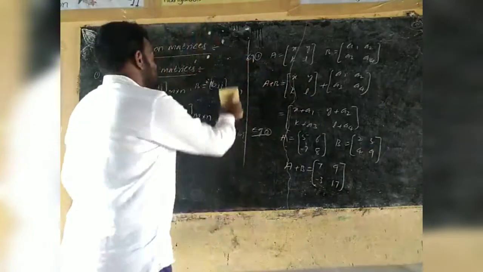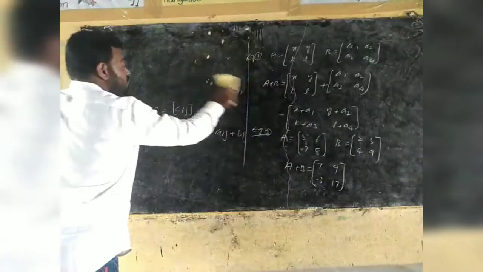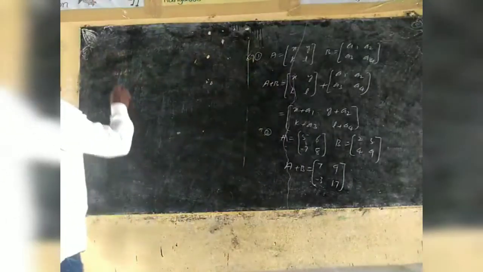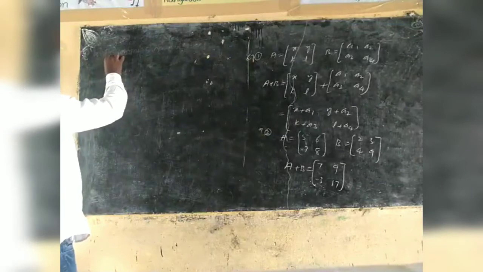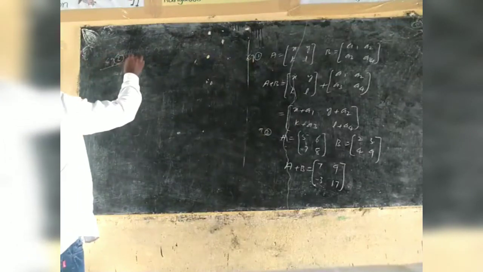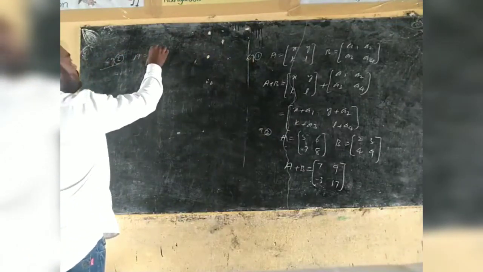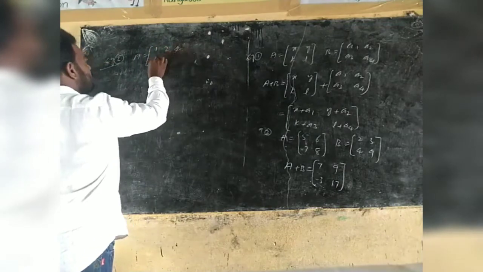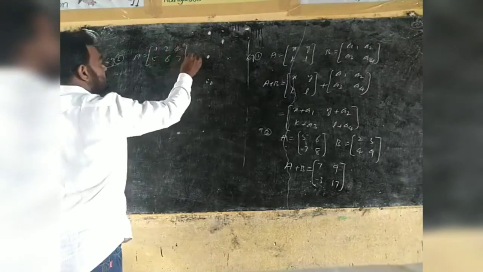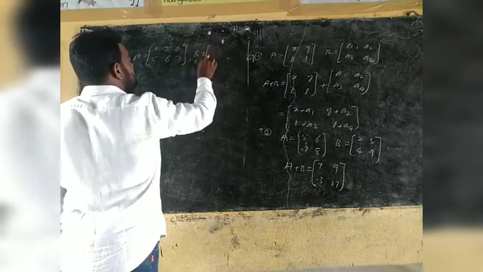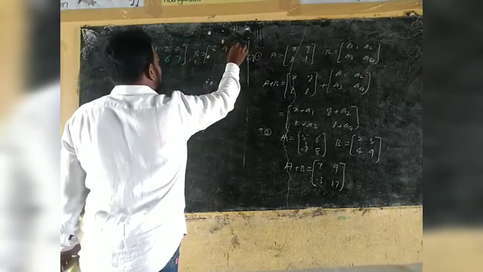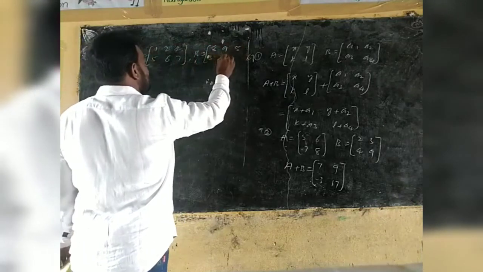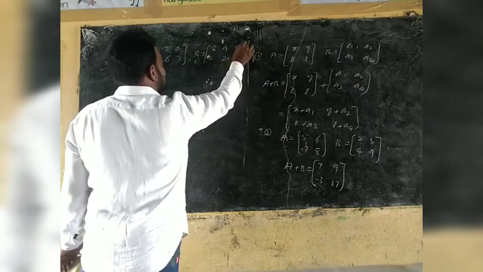You see one more example. Example number 3. A equals 1, 2, 4, 5, 6, 7. B equals 8, 9, 5, 3, 2, 6.